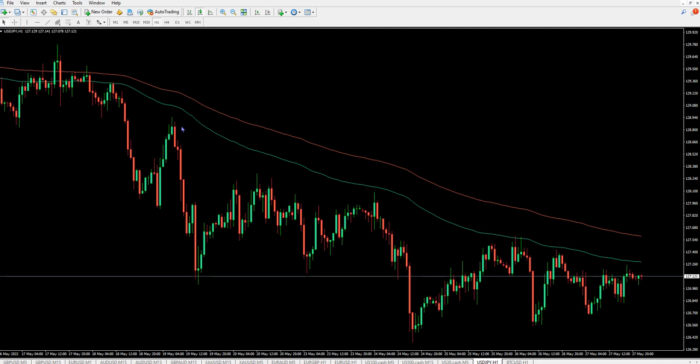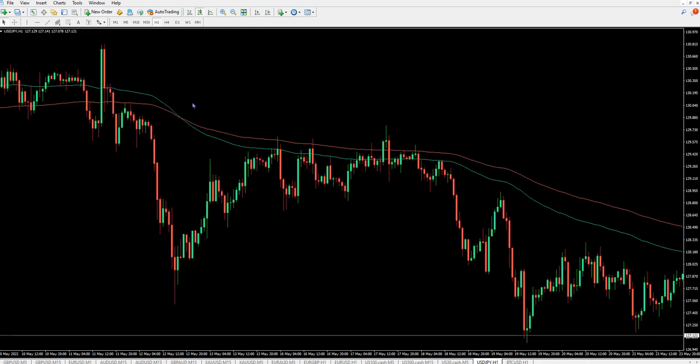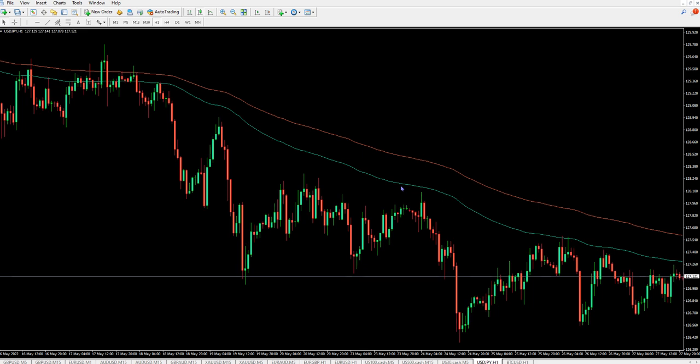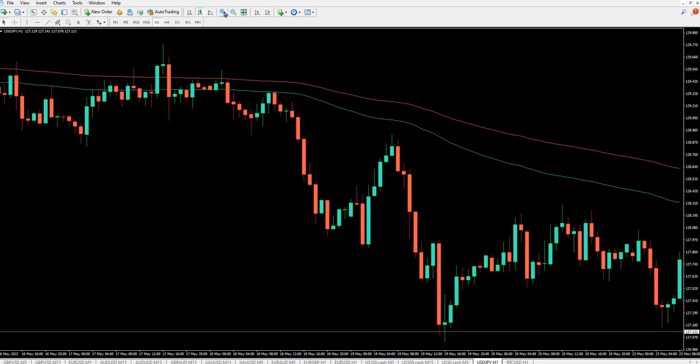I don't really use the smaller ones, but I just wanted to show, you can use these as crosses as well to help with trends. You can use these as touches as well. You can see the sensitivity here. A lot of times you'll find they'll even line up with fib ratios.